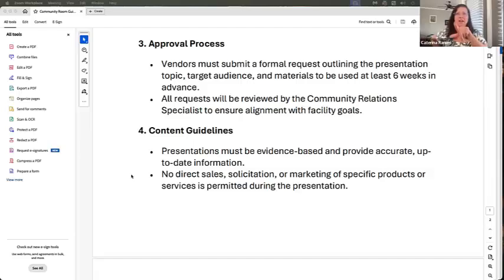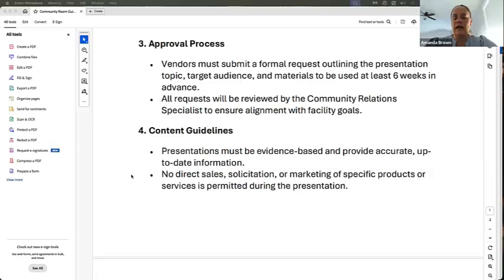Well, speaking of brain health, did we already review the approval process? No, we're going there now. Vendors must submit a formal request outlining the presentation topic and target. I typically like to ask 6 weeks in advance because that's when I have to submit my calendars for the following month.